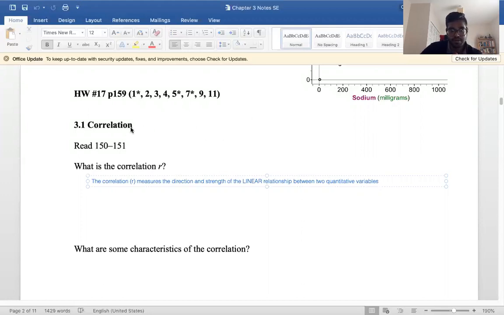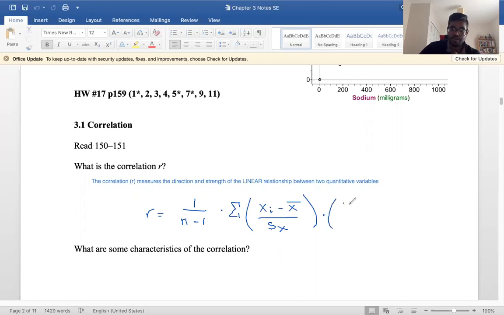There's an equation. You don't need to know this, but I'll write it down just so you have it. R equals 1 over m minus 1 times the summation of each individual x, which is xi, minus the mean divided by the standard deviation, times each individual y.